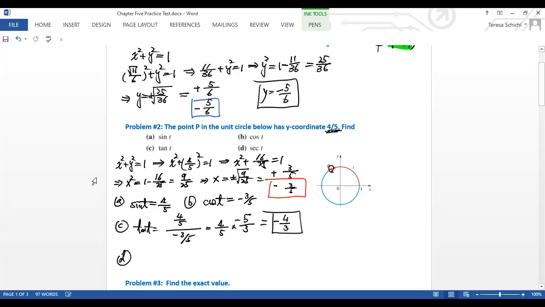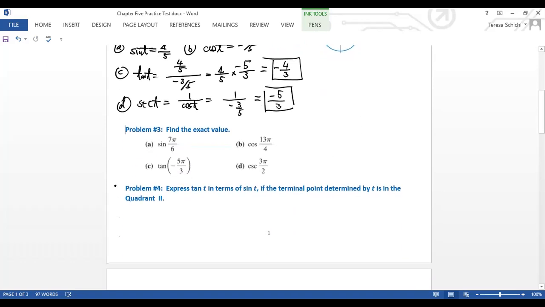And then this here is the secant of t. So what is the secant of t? It's 1 over what? Cosine t. So it's 1 over negative 3/5. So you flip it, and it will be negative 5 over 3. Okay, so we just use the basic definitions of the trig functions.